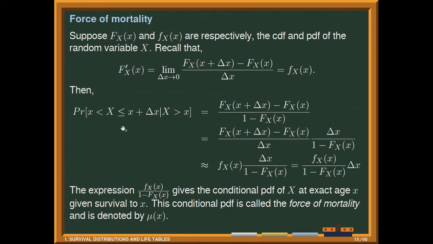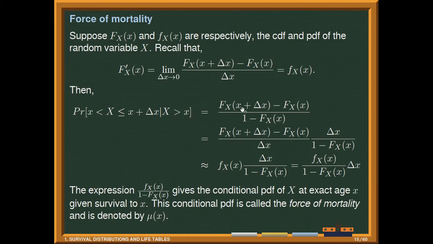Okay, and let's look at the following. We want to get the probability that a newborn will die between ages x and x plus delta x given survival to age small x.